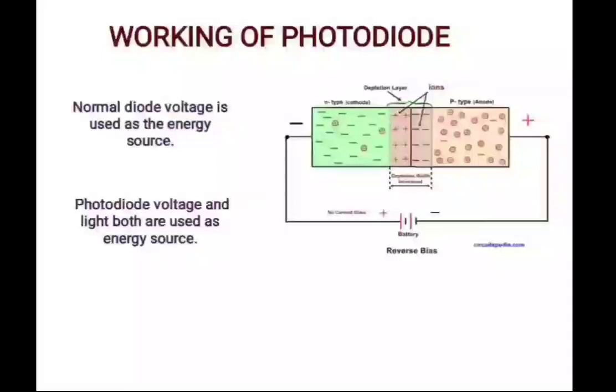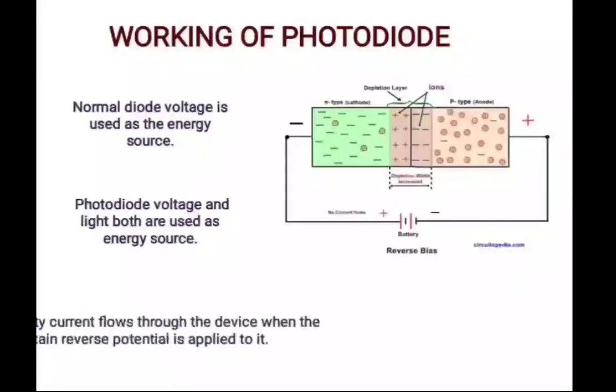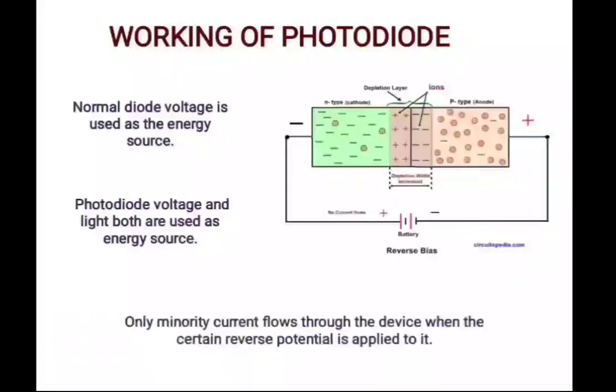As we know, when a certain reverse bias voltage is applied to a normal PN junction diode, it allows a small amount of electric current due to the minority charge carriers. In P-type material, the electron is the minority charge carrier, and in N-type material, the hole is the minority charge carrier.